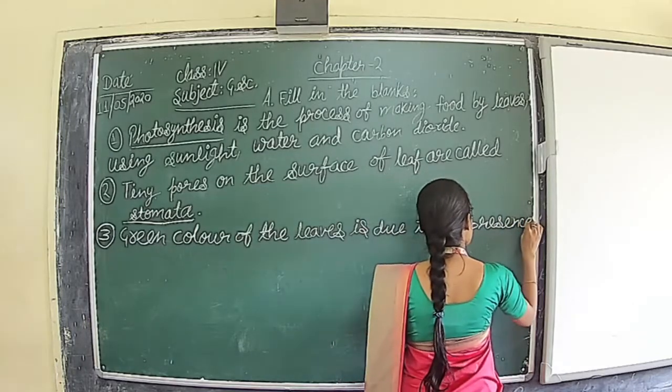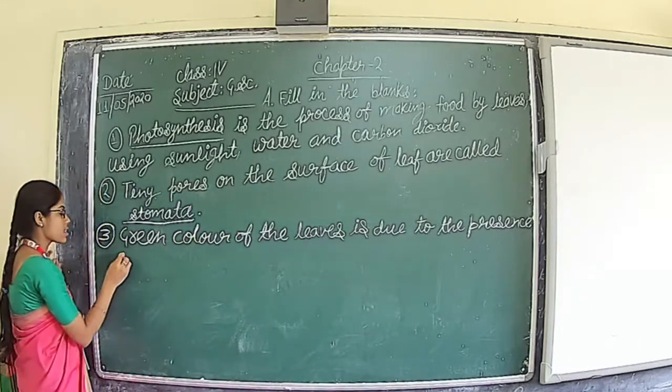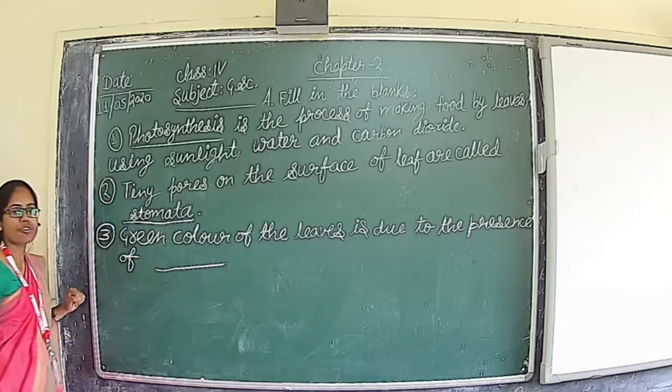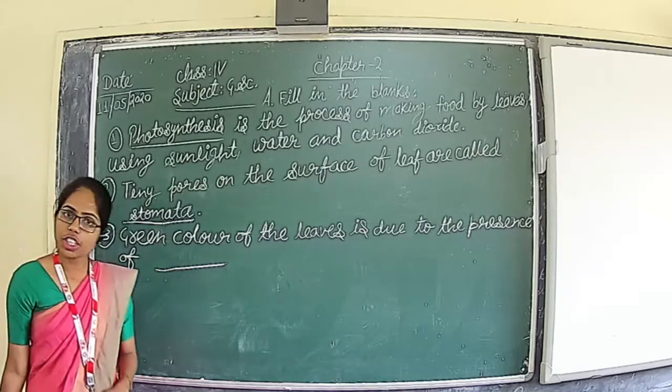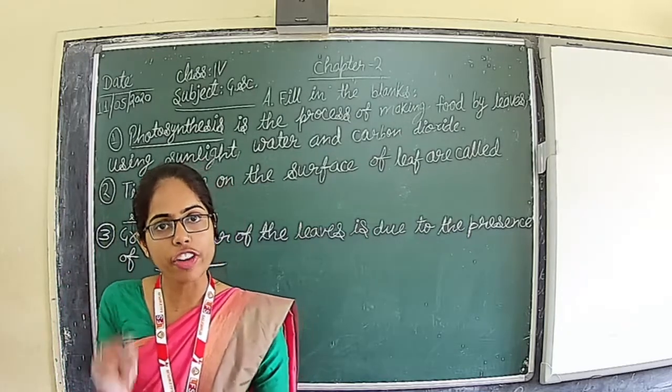What is the question? Green color of the leaf is due to the presence of dash. And we have to write the answer now. Do you remember what the answer is? The answer is chlorophyll.